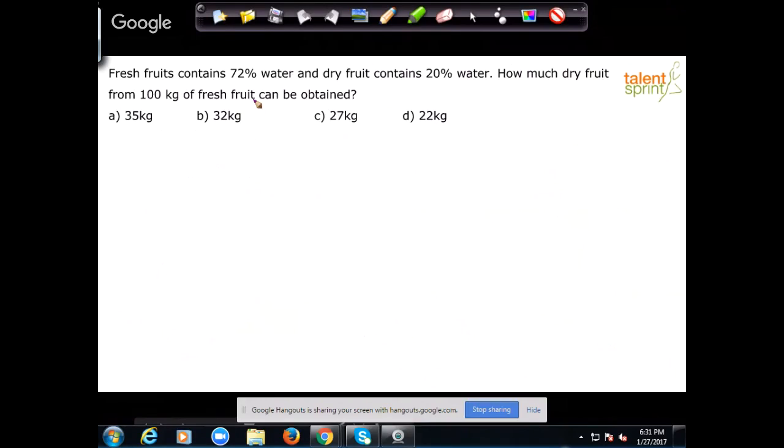Options are there on your screens: 35 kgs, 32 kgs, 27 kgs, or 22 kgs. Try this out. You have about 45 seconds for this. No need to use any formula or anything there. Just a basic understanding of what the question says in terms of percentages will help you get the answer.